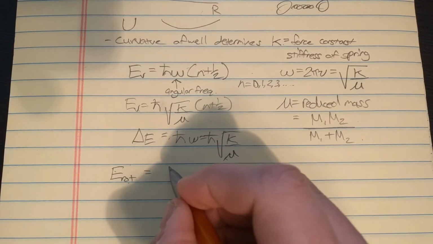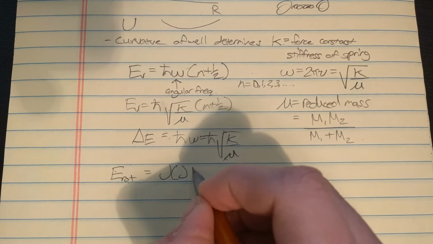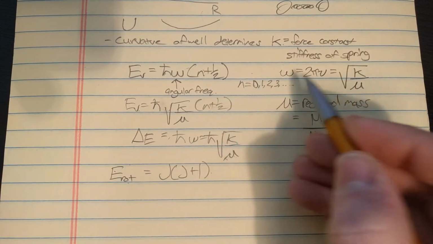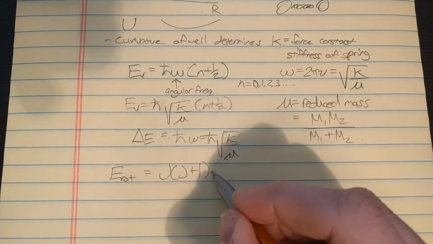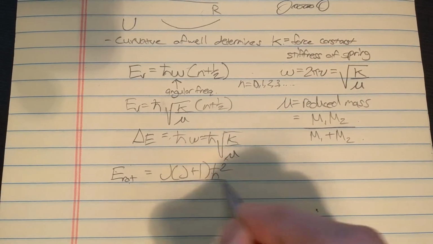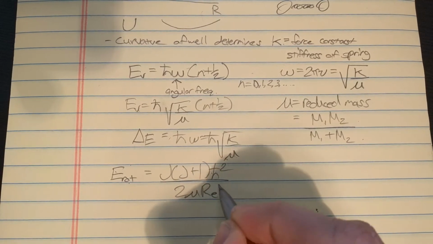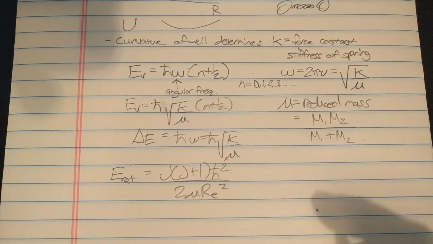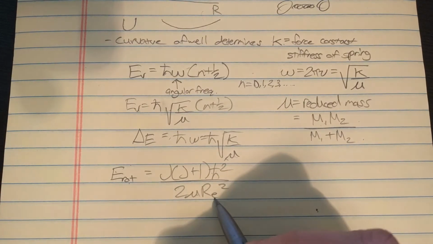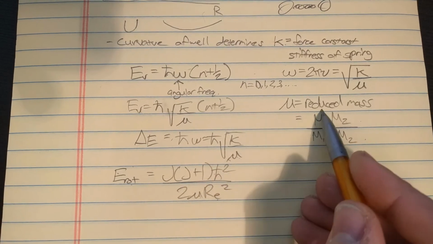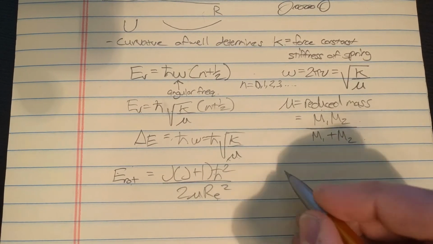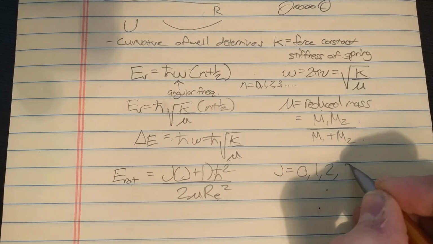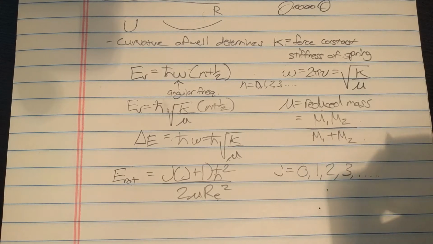And the same thing with this, I'm about to write J. So J is the rotational quantum number, and it can also be 0, 1, 2, 3, but nothing in between. And now this is the formula for the rotational energy levels. And remember, Re is the bond length, and mu is this same mu for the reduced mass, and J is the rotational quantum number, which can be 0, 1, 2, 3, and so on.